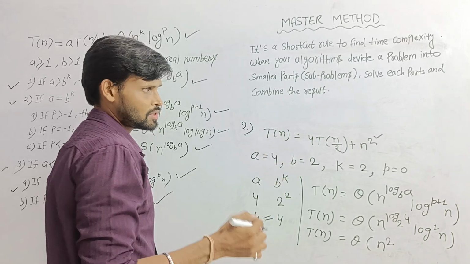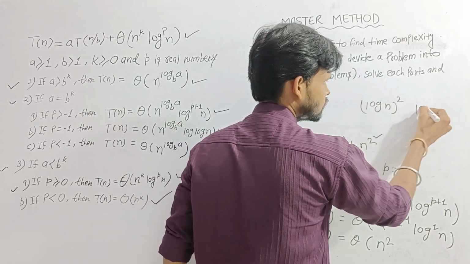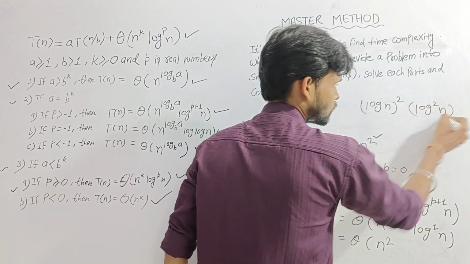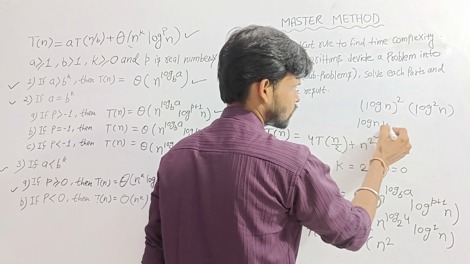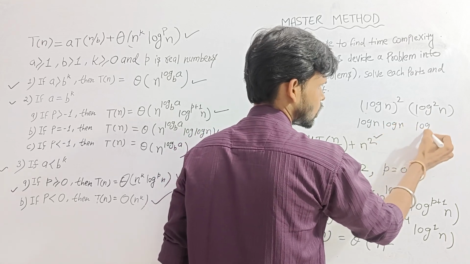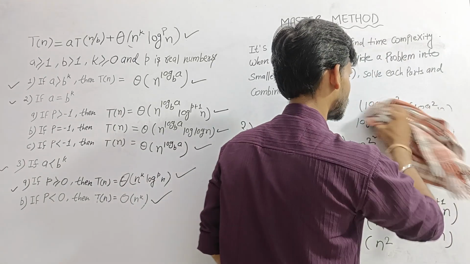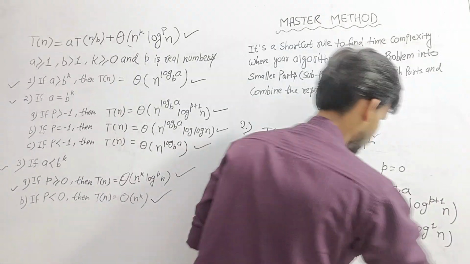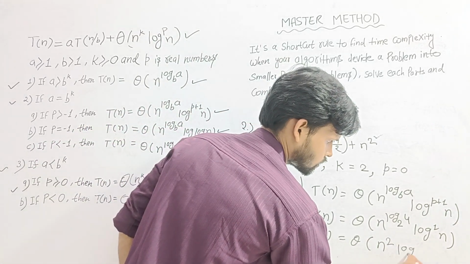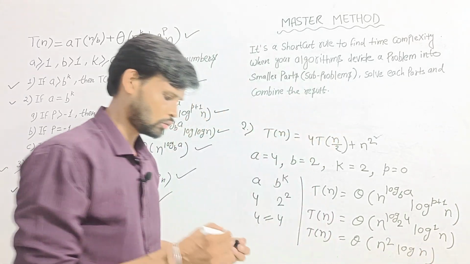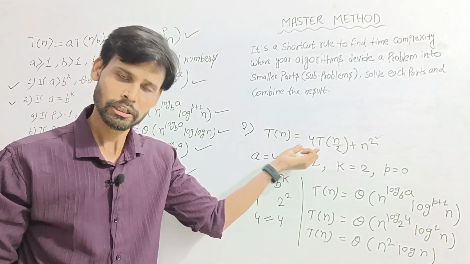Before solving this you must know that log n square and log 2n are different. In this case, the value is log n. So theta of n square log n.